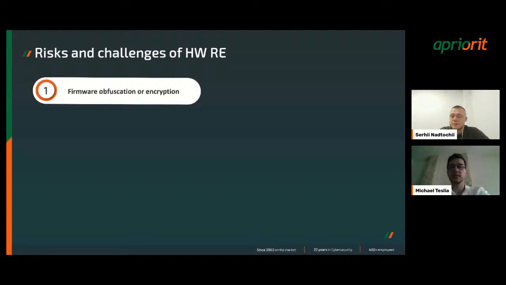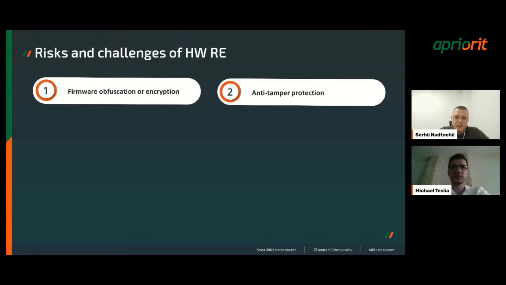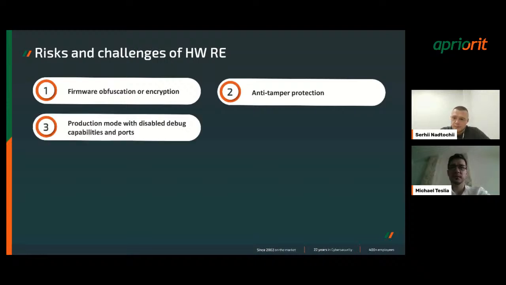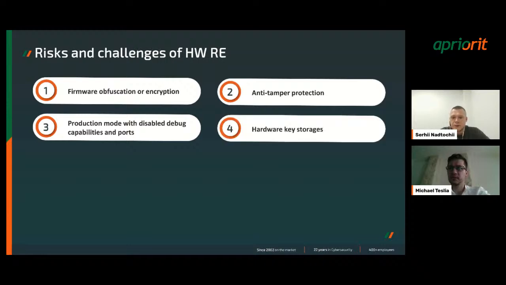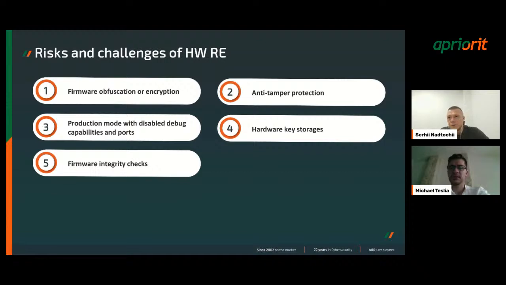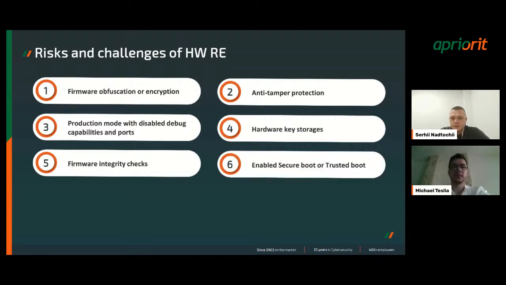Also, there can be anti-tamper protections of the device, production mode disabled in the device, or disabled debug ports and capabilities, some hardware key storages, firmware integrity checks, which make it harder to inject parts of code into the device, and some secure boot or trusted boot protections.